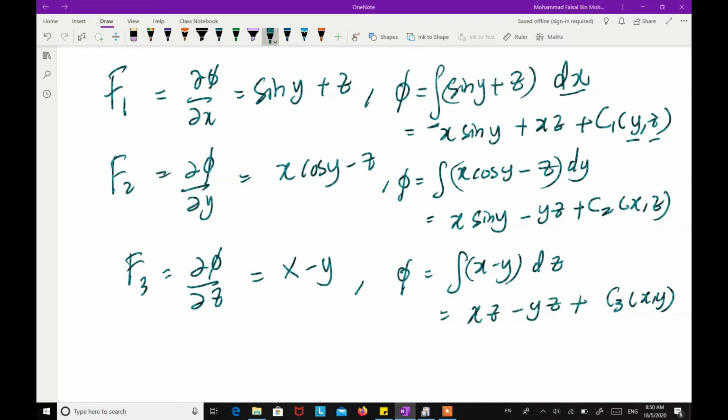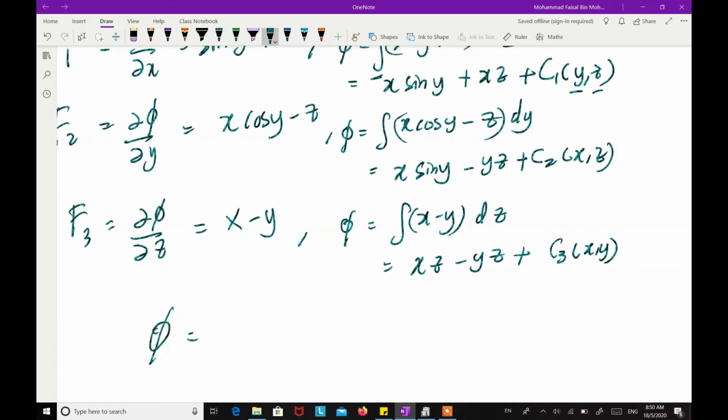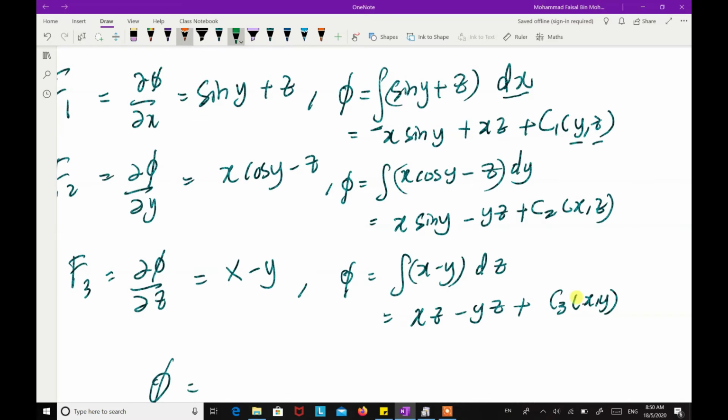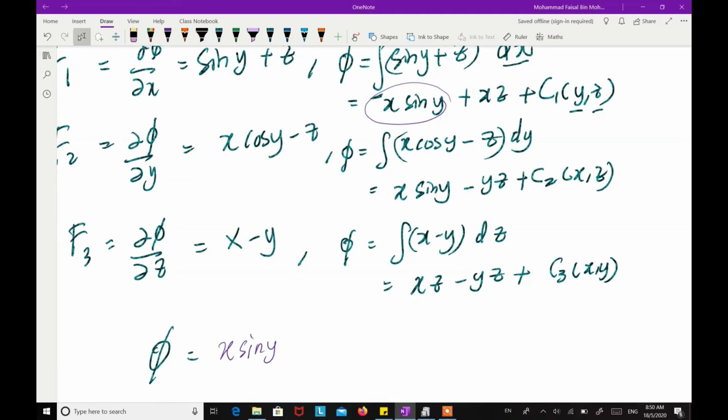Okay, I continue. To find the total potential function, please don't take the redundant terms, just take once. We have x sine y, and then we have xz. x sine y is already here, we don't need to take it, so we take yz. xz is already here, we don't need to take it, yz is already here.